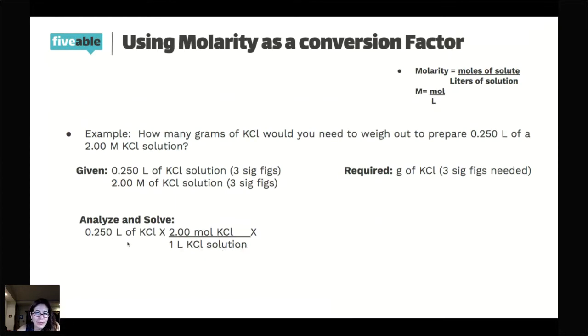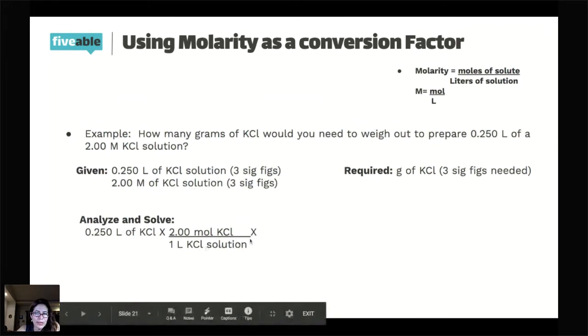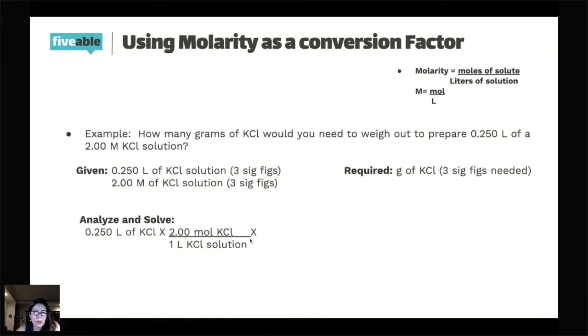And in this step, you already will have moles of KCl. So by using again the molar mass from the values of the periodic table, you can now cancel moles of KCl, and you will end up with the unit that you want, which is grams. Again, you need to be aware of the sig figs and report your answer with the proper significant figures. Box your final answer, and you're done.